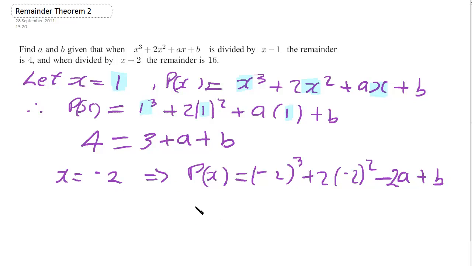And we know the remainder of that is 16, so let's write that down. 16 must equal, using the remainder theorem, minus 8 plus another 8, minus 2 squared is 4, times by 2 is 8, minus 2a plus b.